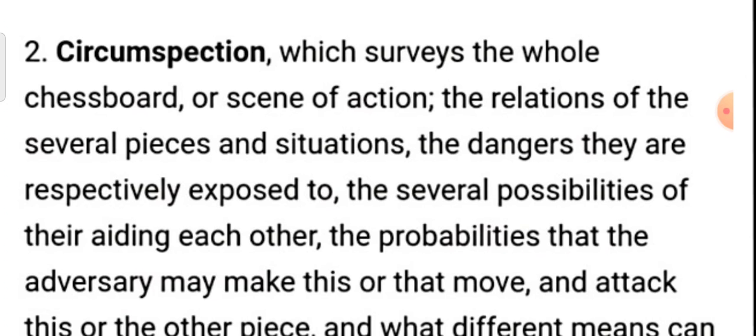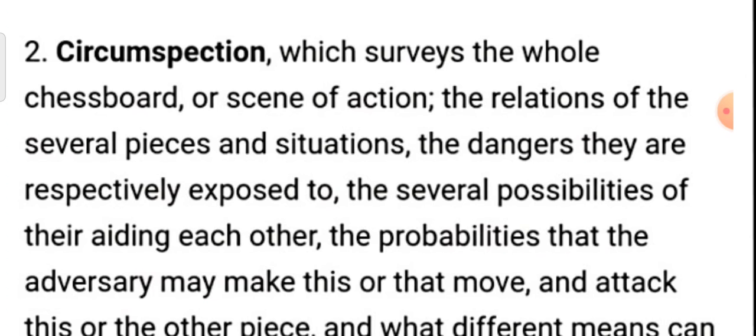The relations of the several pieces on the board and the situations every piece is in. The dangers that they are respectively exposed to. Every piece on the chessboard is exposed to danger. The several possibilities of their aiding each other, how they aid each other, how they help each other.